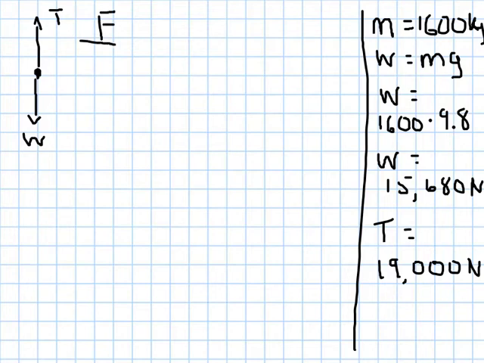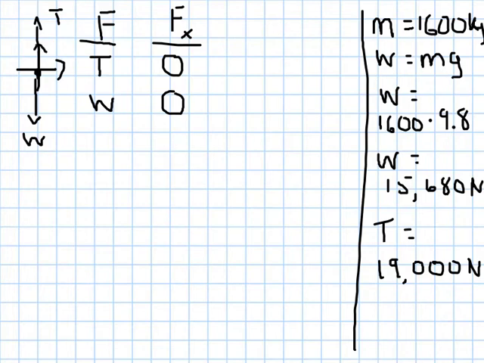Alright, so these things are going to be useful as I set up my table of forces. I'm going to write down every force in the problem, so that's tension and weight. It's not a big list. And then I'm going to write down the x components of those forces. Well, I can just look at the picture and I know that there's nothing acting in the horizontal direction. So here's my coordinate system. I've got x and I've got y. Nothing is acting in the x direction. The y direction, though, that's where everything's happening.